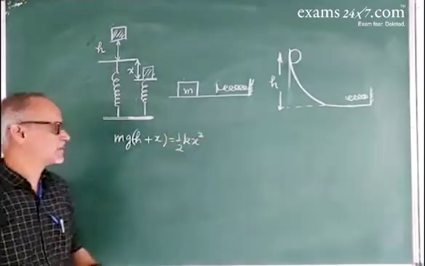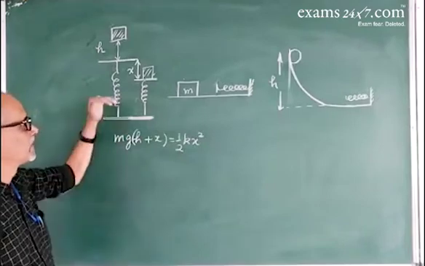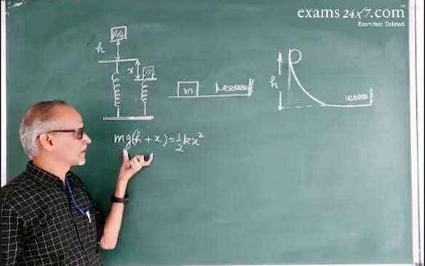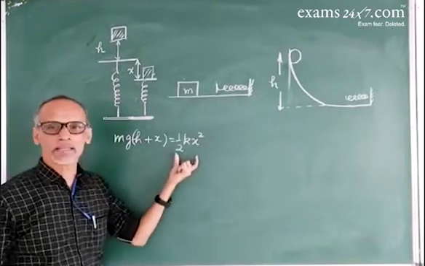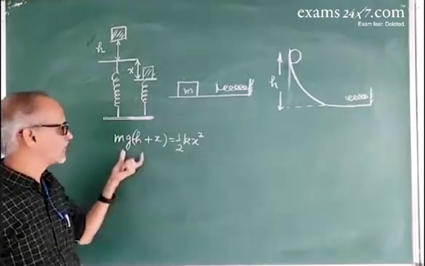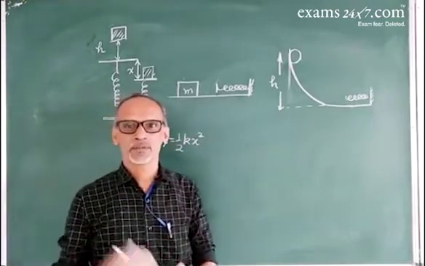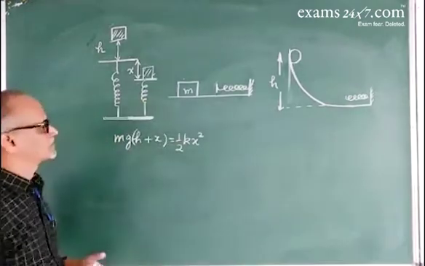And using this, we can find the value of x. We have used the decrease in potential energy is equal to the gain in elastic potential energy. That is, one form of energy is converted into the other form of energy. That means we have used the law of conservation of energy.